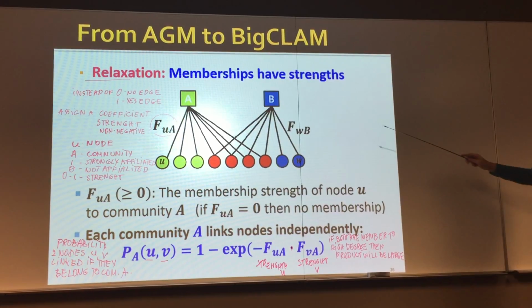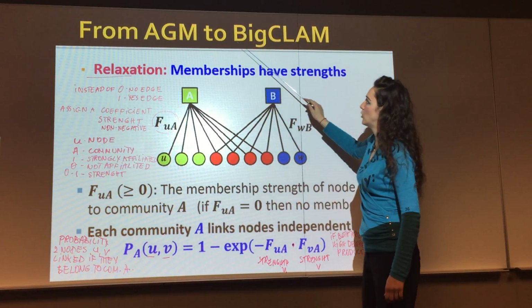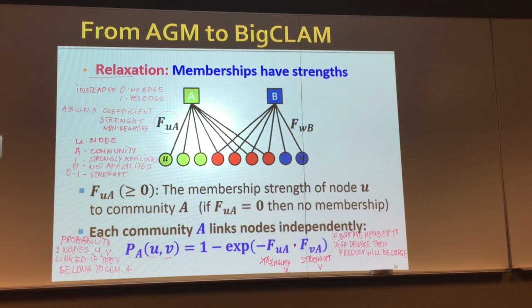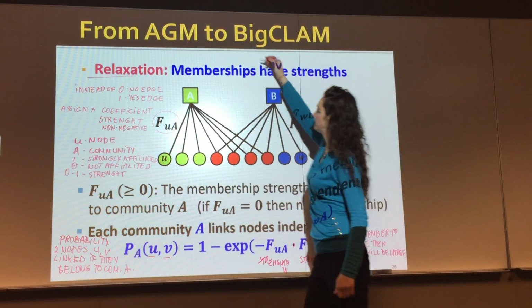So this big claim here is that from our affiliation graph model, we are moving to a claim that will allow us to detect communities in large networks.